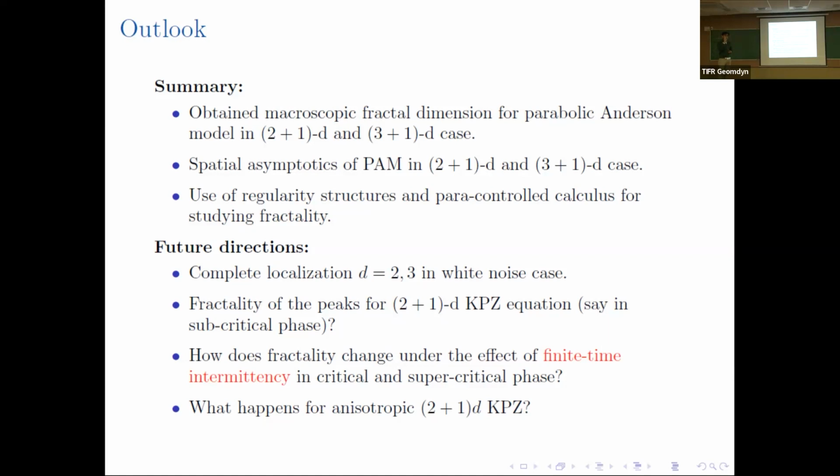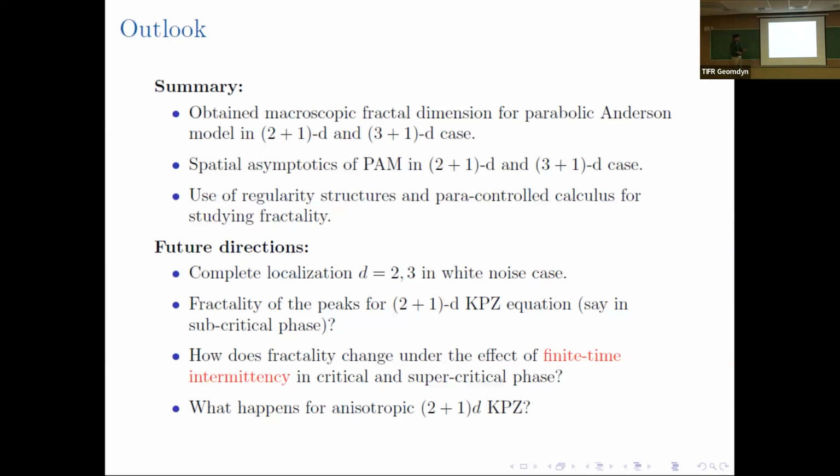The noise that we are using is just spatial white noise, at least for this problem. If you make it space-time white noise, you get close to the KPZ equation. The critical dimension for the KPZ equation is the 2 plus 1D case. So one can study, at least in a subcritical phase, some of these fractal properties in the 2 plus 1D KPZ equation.